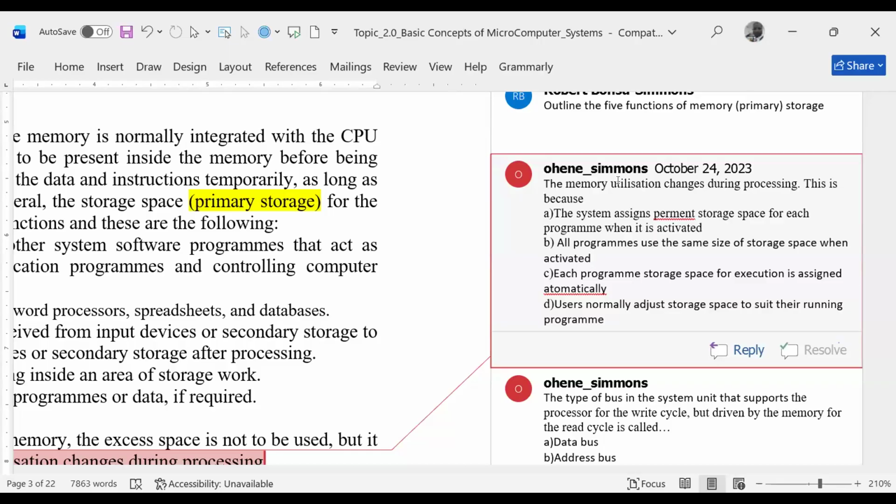Answer A, B, C, D for us. Is it A, B, C, D? Choose one. I'm thinking about it.